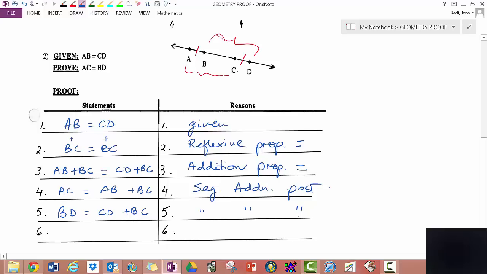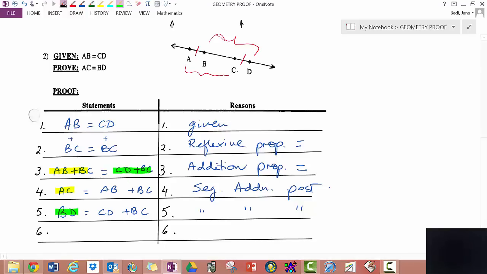So now if I look at 3, 4 and 5, I can substitute. Let's highlight. Instead of AB plus BC, what can I substitute? AC. And instead of CD plus BC, what can I substitute? BD.